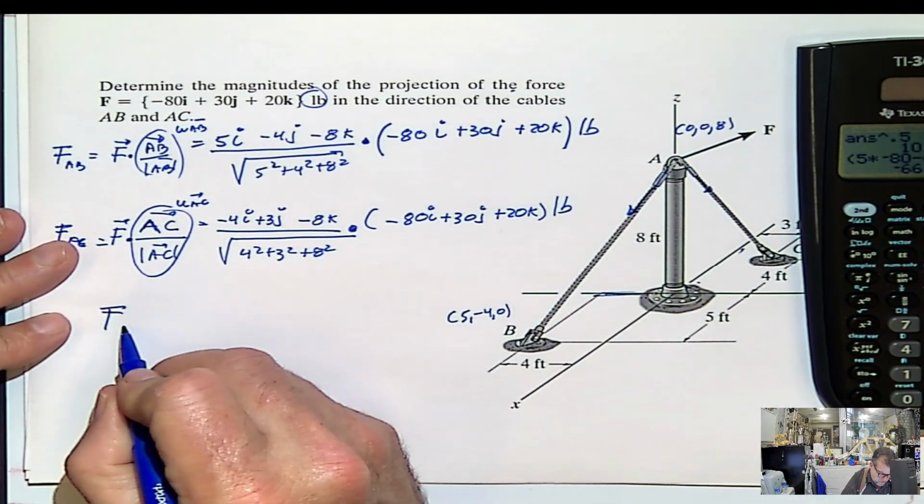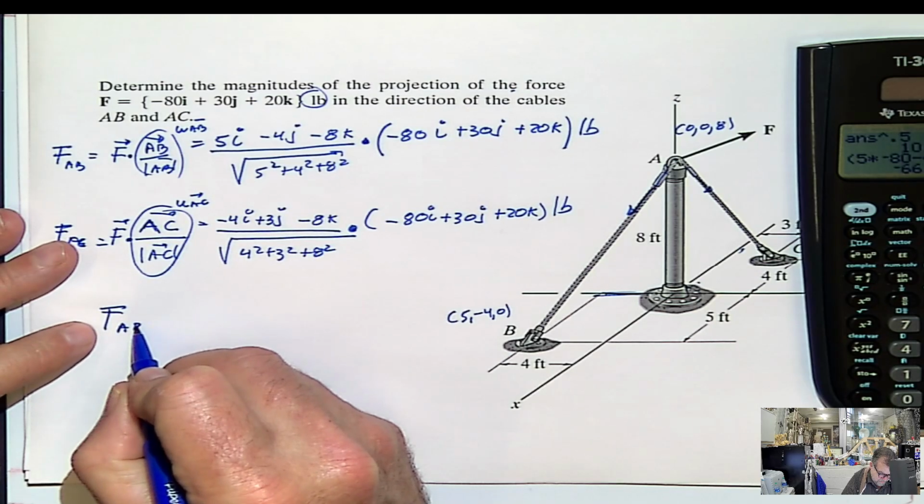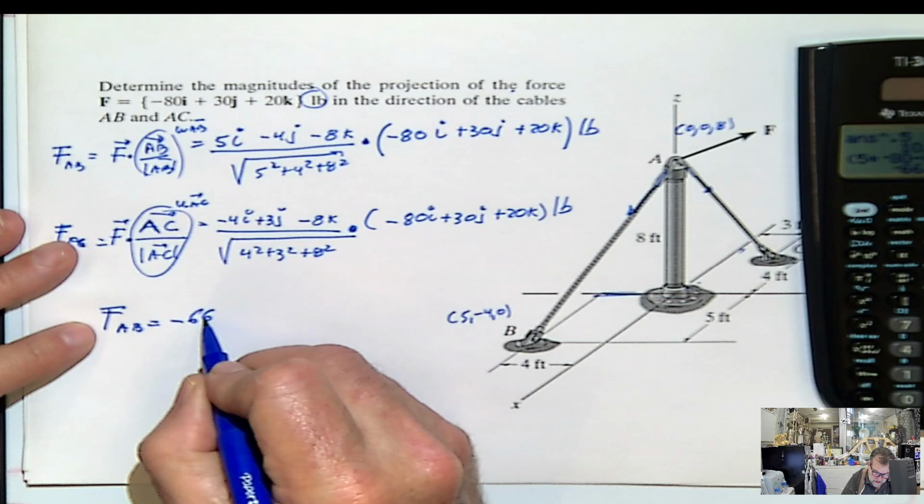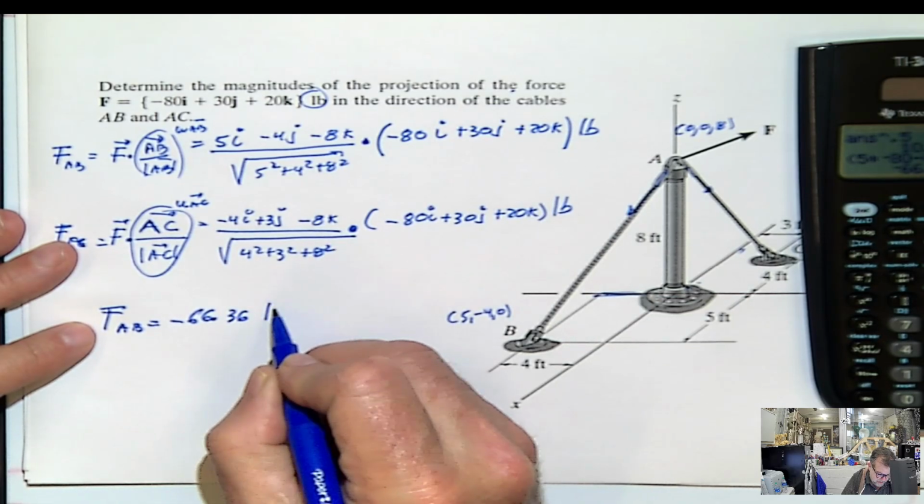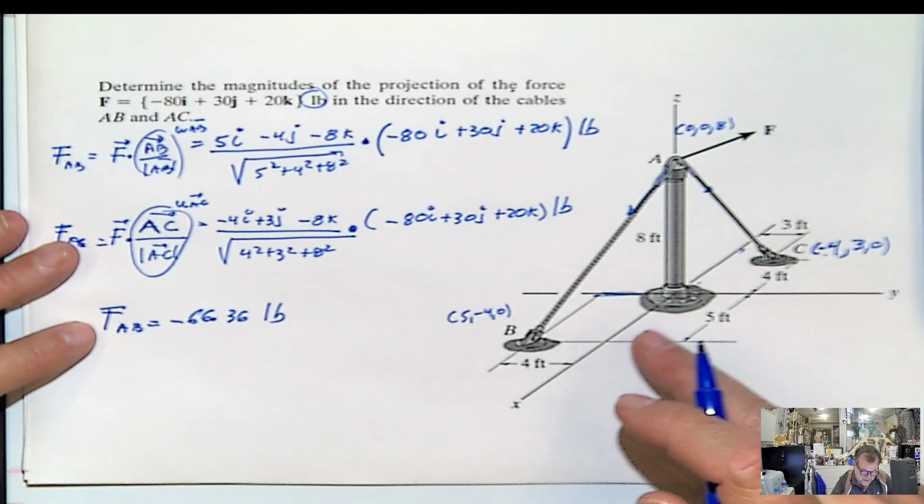So the projection of the force over the line AB is going to be negative 66.36 pounds. Once again, what does the negative mean?